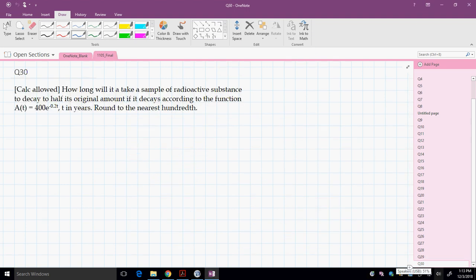Question 30. How long will a sample of radioactive substance take to decay to half its original amount if it decays according to the function? T is in years.